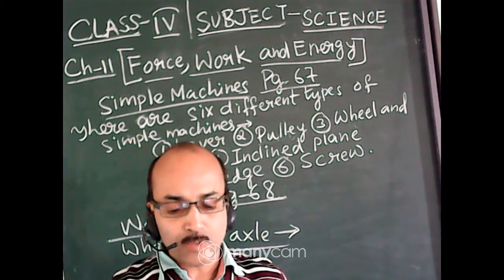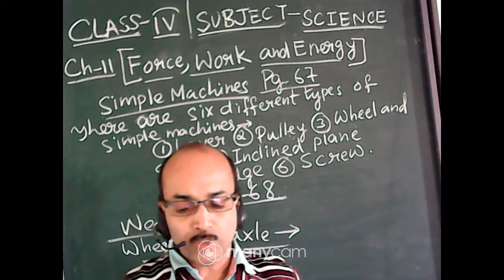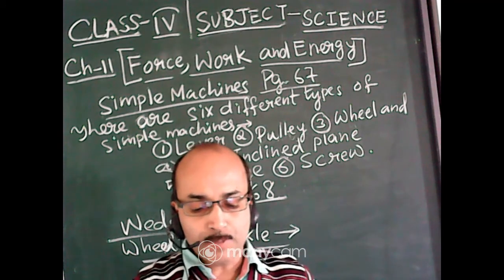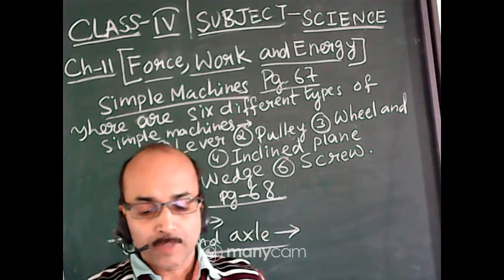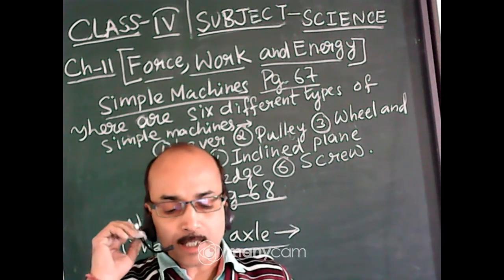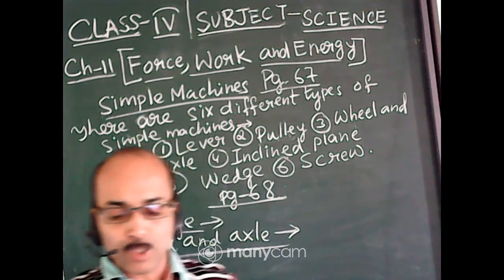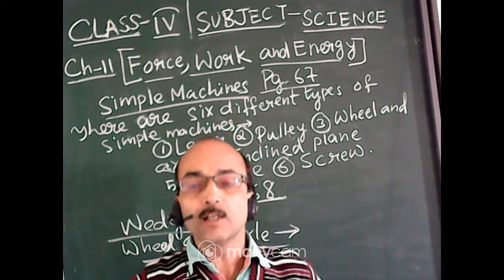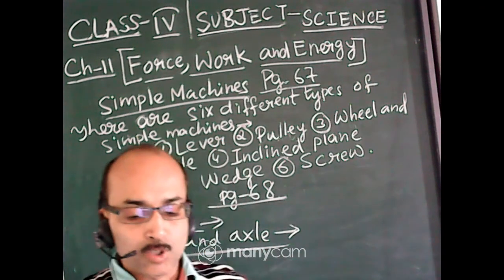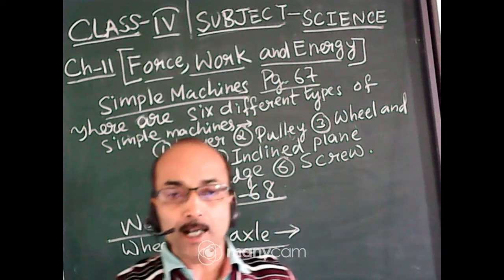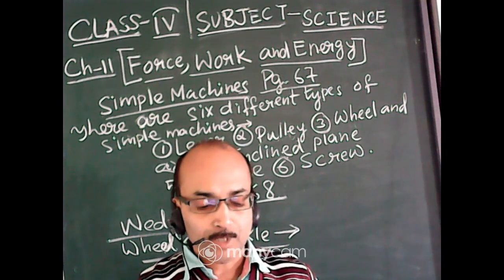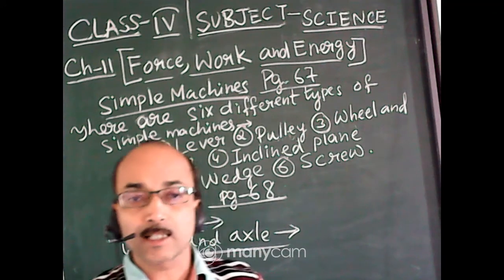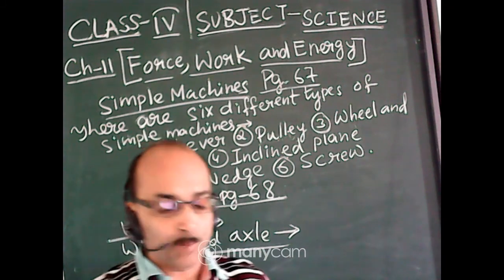The rod passes through the center of the wheel, and the wheel rotates around the rod. It helps to move heavy objects. A steering wheel and bicycle pedals are examples of wheel and axle. Please remember the example of each simple machine. You can draw the wheel and axle picture in your science copy.